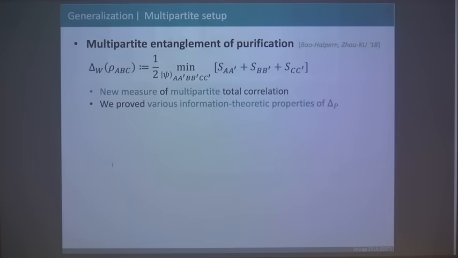And last month, we further generalized this conjecture to multi-partite setups. For example, if you take a 3-partite case, then you have a rho ABC. Then we defined a new information theoretic quantity called the multi-partite entanglement of purification and proved its various information theoretic properties in generic quantum systems.